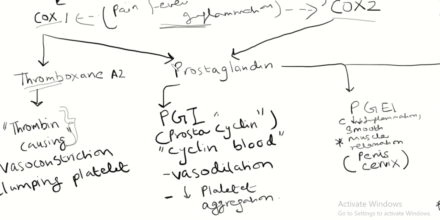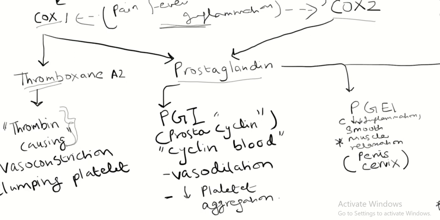It also activates the prostaglandin pathway. COX-2 does not impact thromboxane, but only impacts the prostaglandin pathway. This is an extremely important thing to know because when we talk about drugs like NSAIDs, we're going to talk about COX-1 inhibitors, COX-2 inhibitors, or non-selective COX inhibitors, and that's where this becomes a bit more tricky.